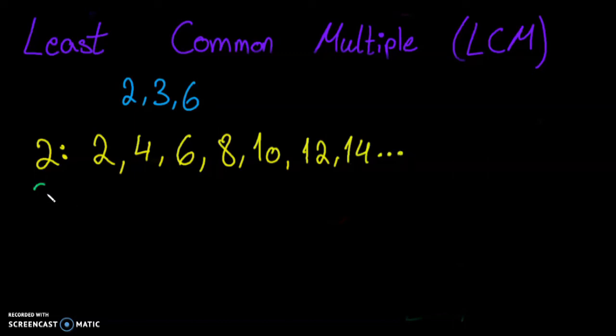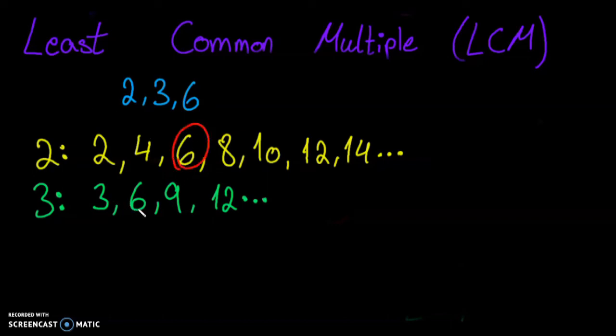The second number, 3. 3 times 1 is 3. 3 times 2 is 6. 3 times 3 is 9. 3 times 4 is 12, and so on. Notice that we have a 6 here and a 6 here.